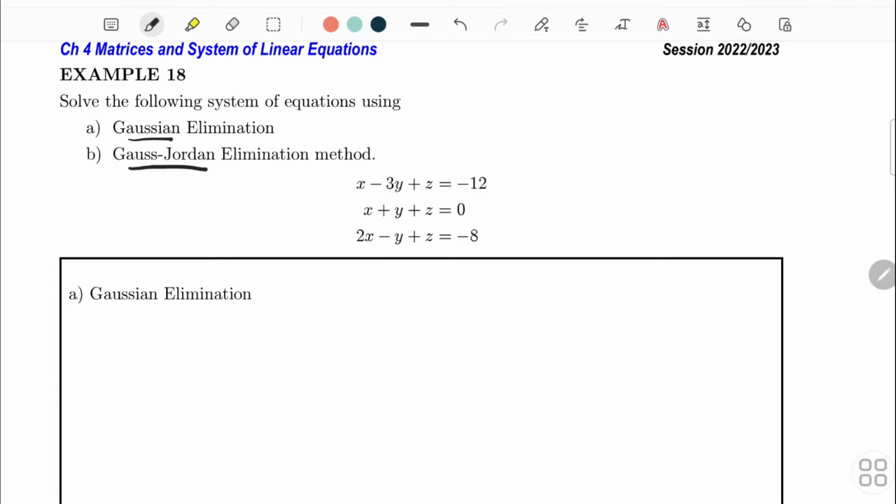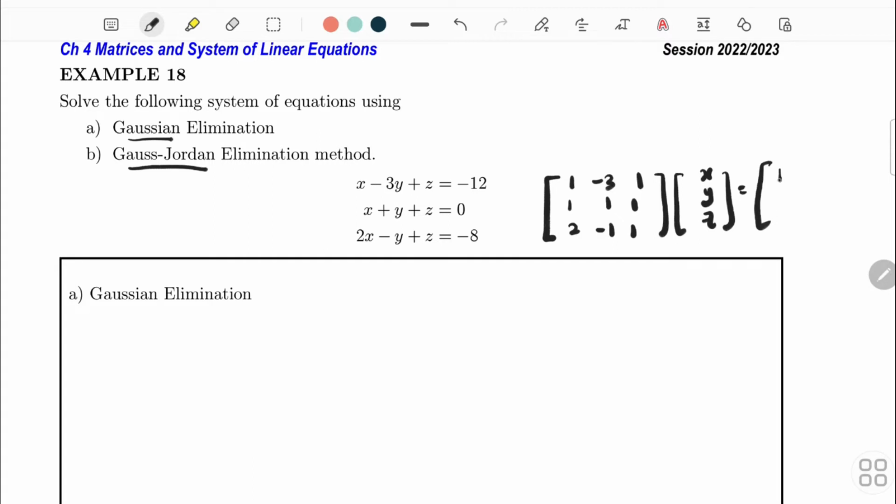We write it as the matrix 1 -3 1, 1 1 1, 2 -1 1, multiplied with the variables x, y, z, equals to the constants -12, 0, -8. This is in the form of Ax equals to b.